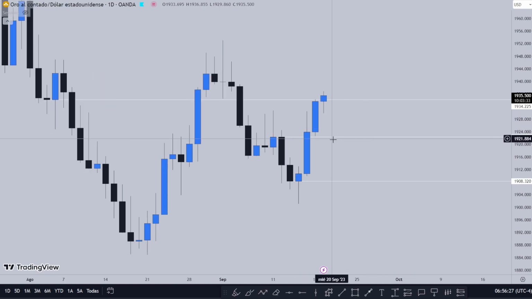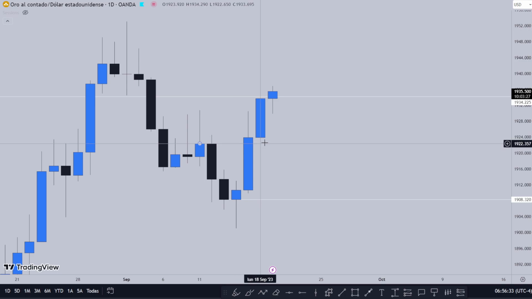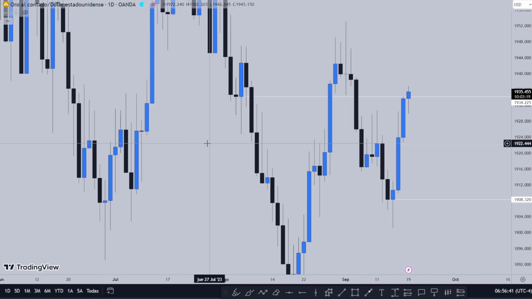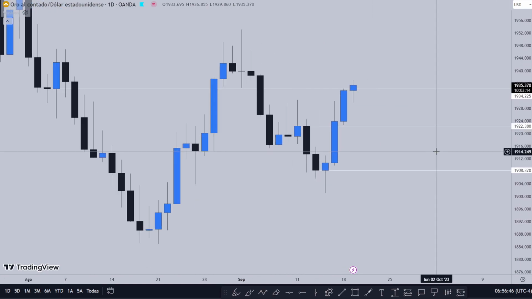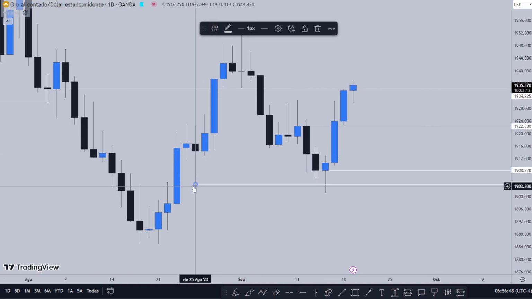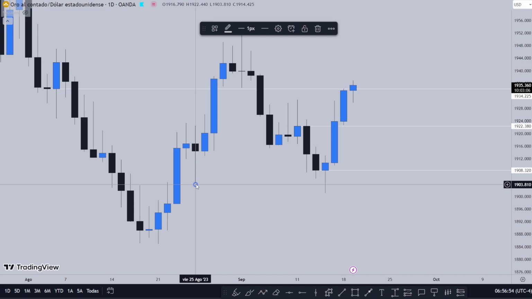Well, we can see here on this week, if you zoom in a little bit, it used this as a support yesterday. So this level is important to me. You can also use the wicks, like for example here. Sometimes wicks are more precise, sometimes they don't.